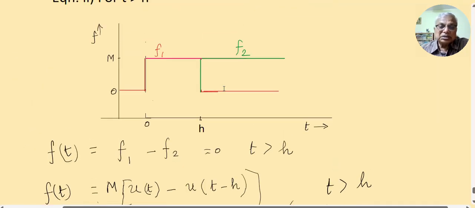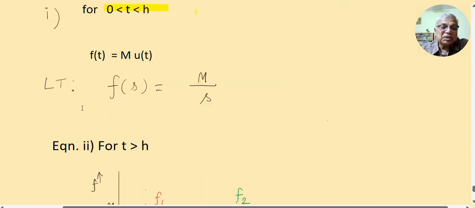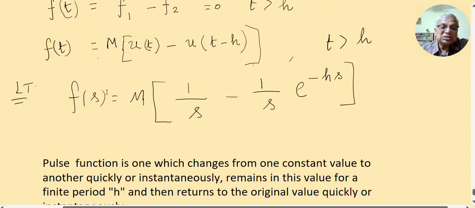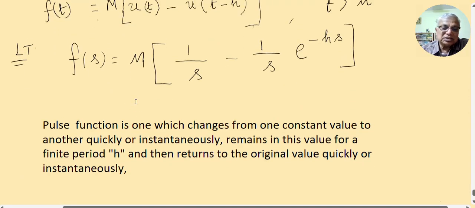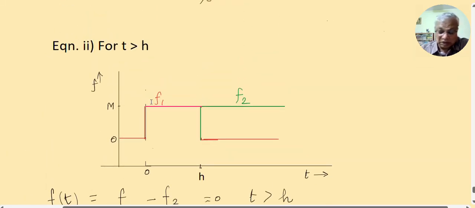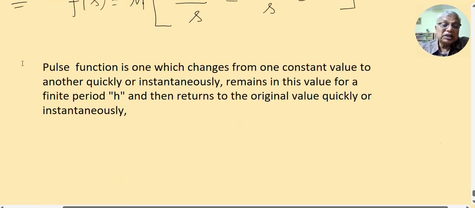So from these explanations, how do we describe a pulse function? Equation wise, it is this, but physically, to understand it easier, so that we can later identify which is a pulse function, we can state as follows.